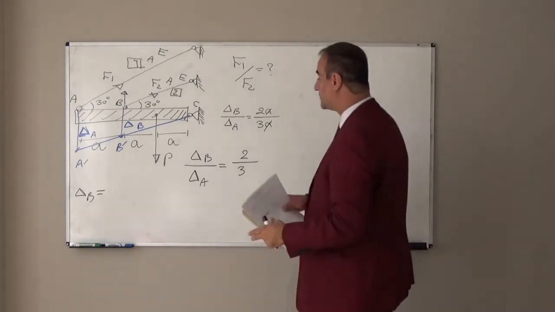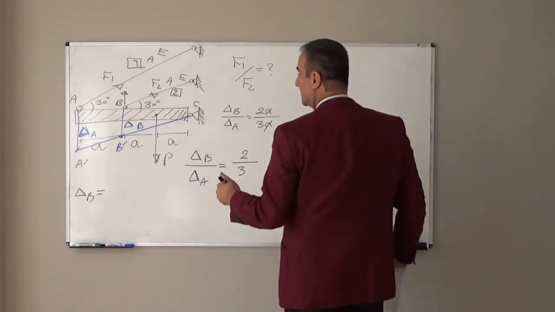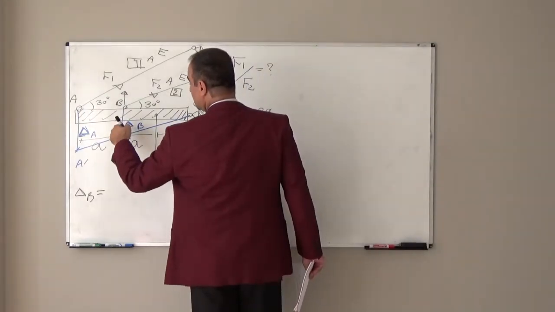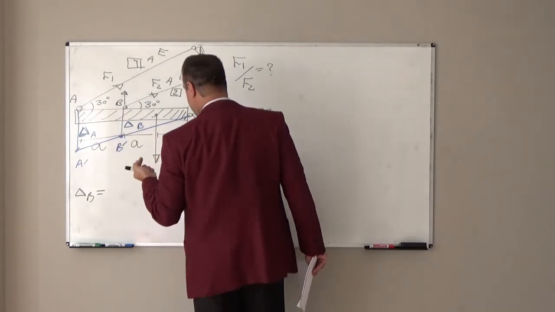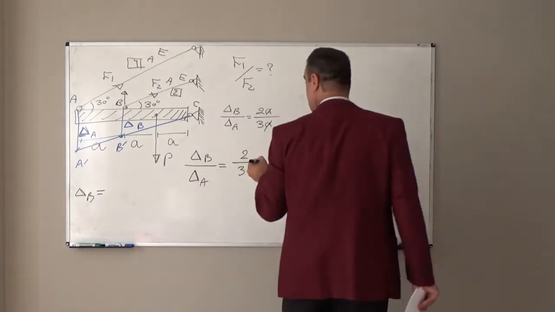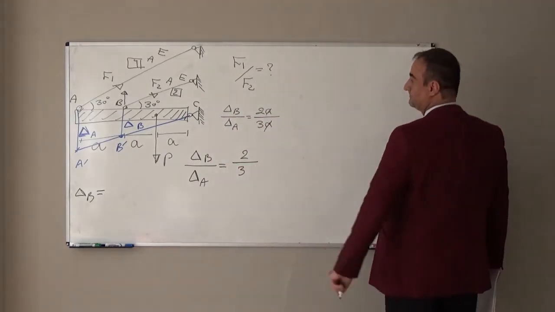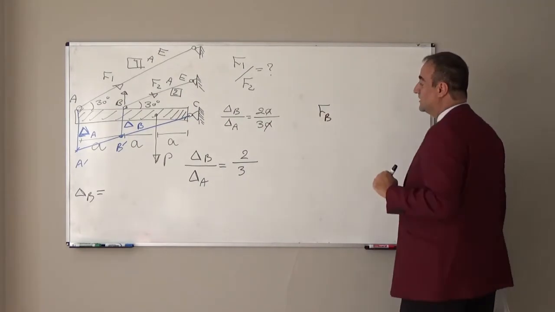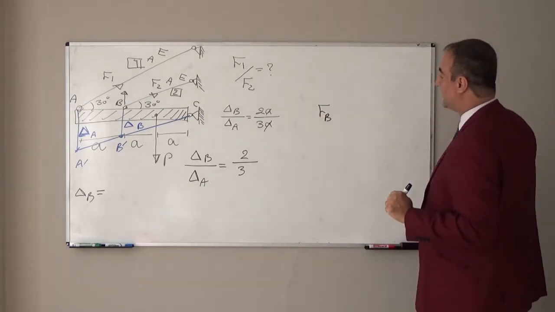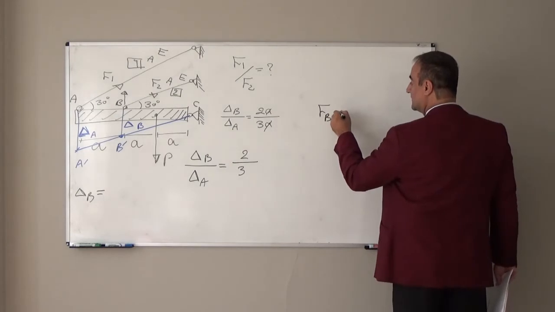If I apply force P here, the external force because of this P at point B, if I call it, for example, FB, is it a known value or not?